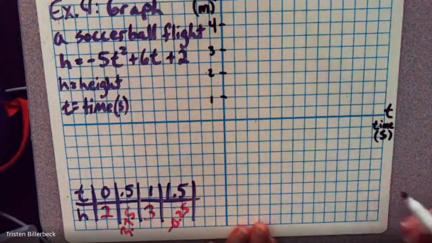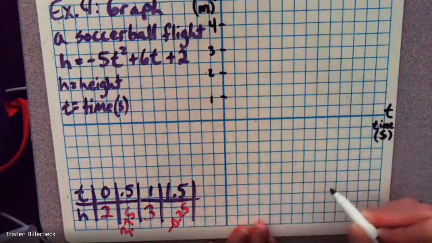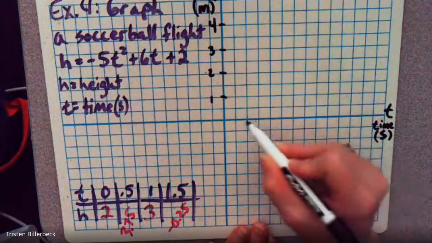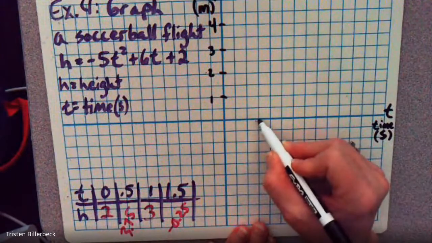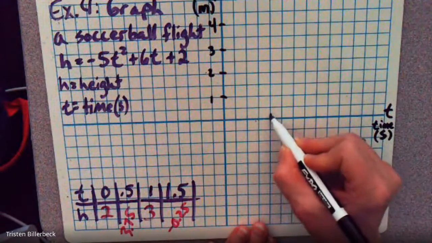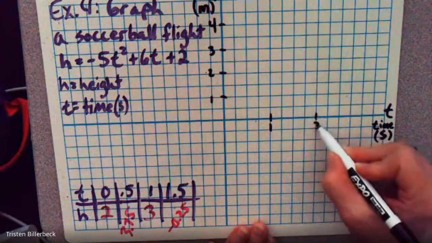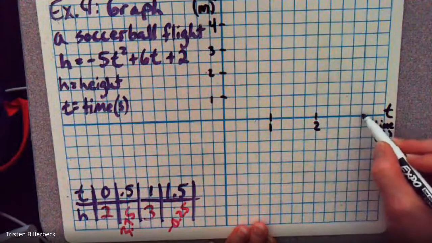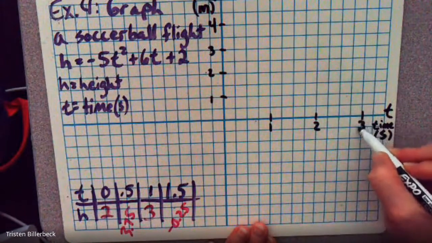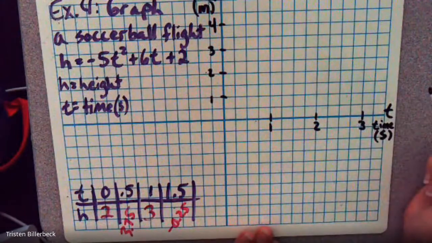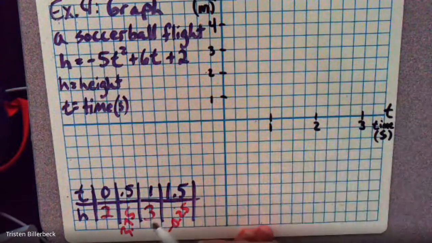Okay, so then on our seconds, we're going to spread it out. So 1, 2, 3, 4. Oh, wait. We aren't doing 1, 2, 3.